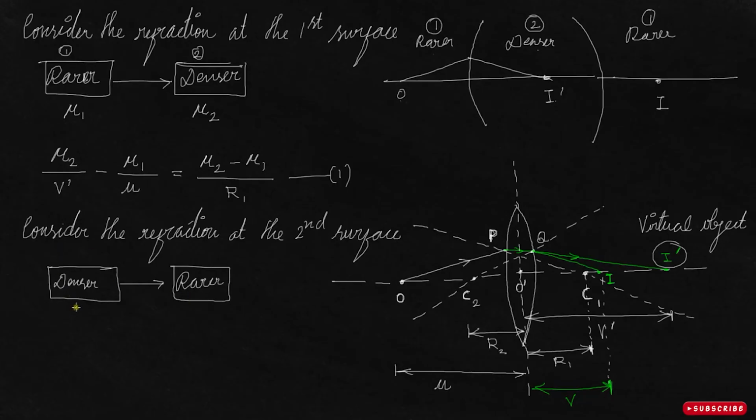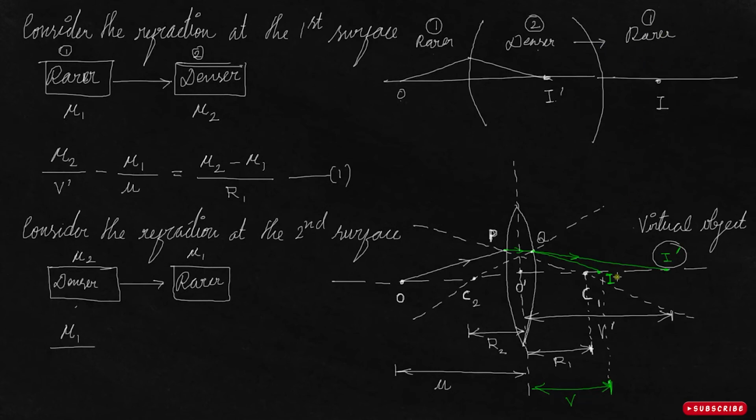We took the denser medium refractive index as mu2, rarer medium as mu1. Now always take the right hand side first. Refractive index of the second one, on the right hand side, mu1, by the distance in that rarer medium. See, light is moving from here to here right now.